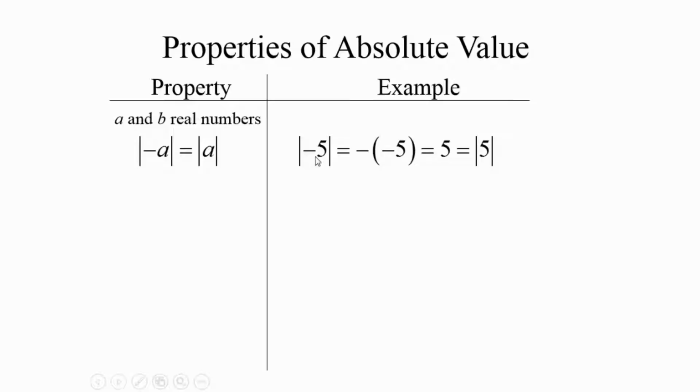So absolute value of minus 5 equal minus 5, which is equal to 5, which is the same as absolute value of 5. So both absolute value of 5 and absolute value of minus 5, both of them would give you what? Would give you 5. That's the key right there that make these two equal.